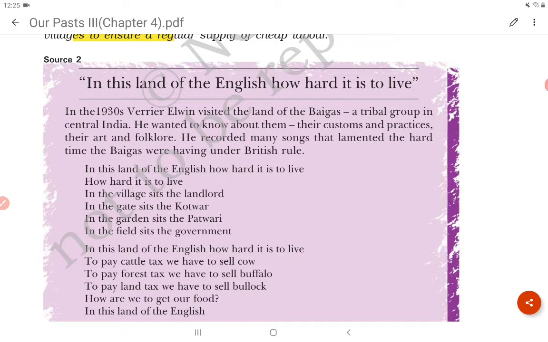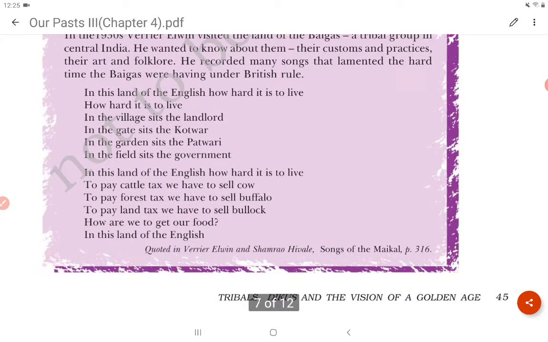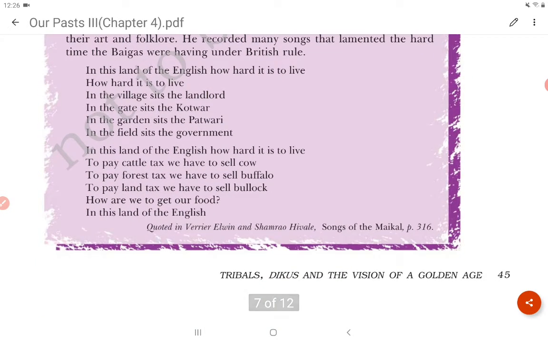In this land of the English, how hard it is to live. To pay cattle tax, we have to sell cow. To pay forest tax, we have to sell buffalo. To pay land tax, we have to sell bullock. How are we to get our food in this land of the English?